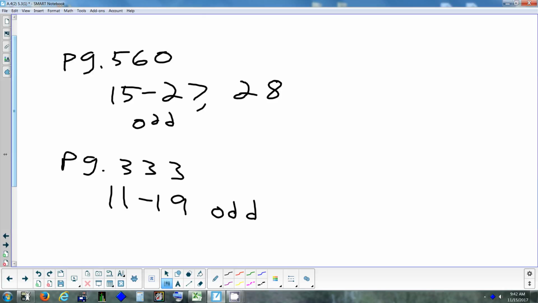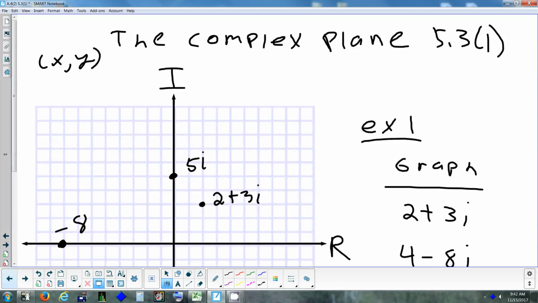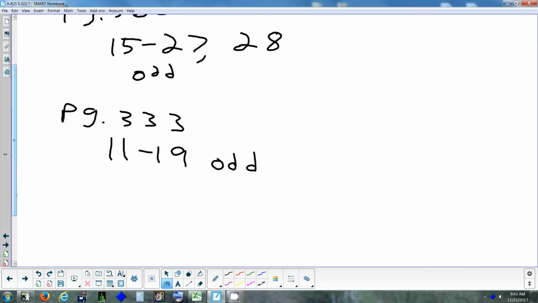On page 333, these questions have a couple parts. It says, graph the point, like I showed you right here. So the first thing they have you do is graph it, and then the next thing they have you do is write it in polar. So there's two parts for each of these.